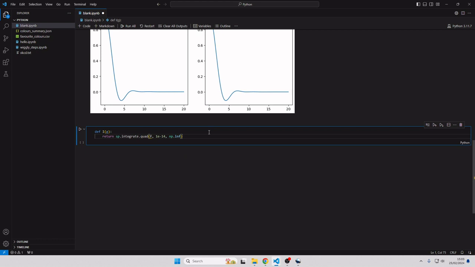So here, np.inf, that's numpy notation for plus infinity. Not all functions will accept np.inf. Some of them will give an error if you try and put in np.inf. But if you read the documentation for this quadrature function, you'll find that it is willing to accept infinity as a limit.